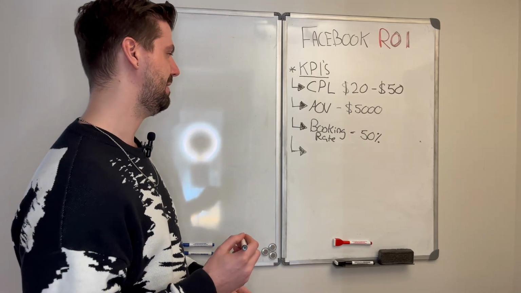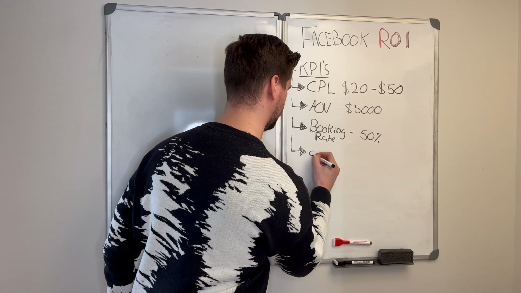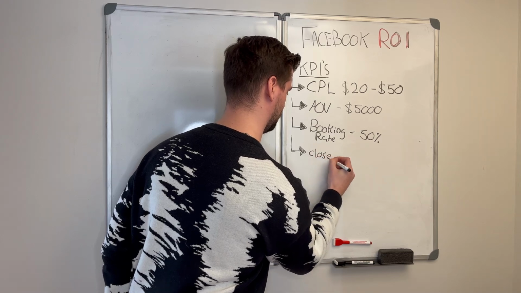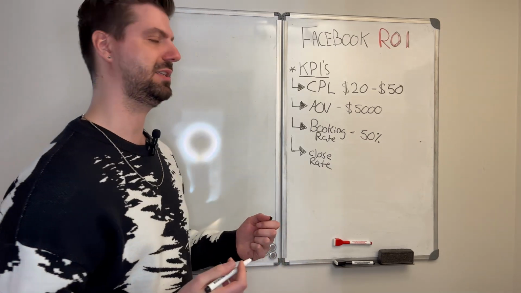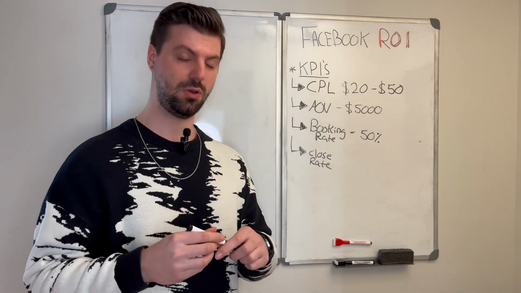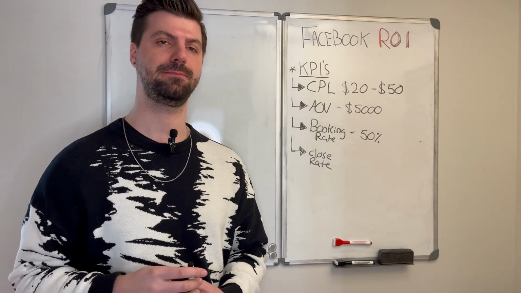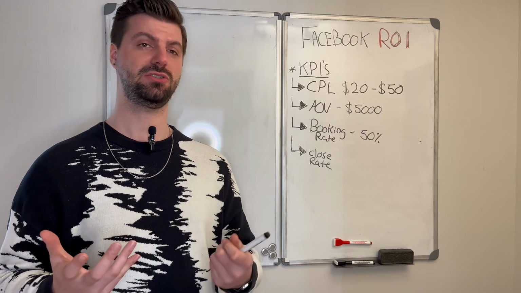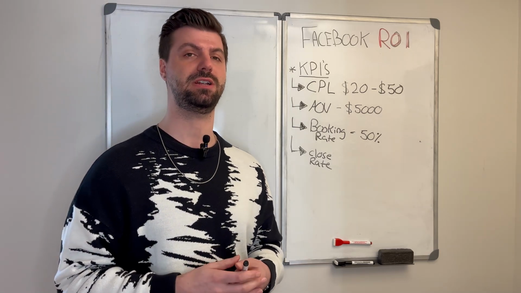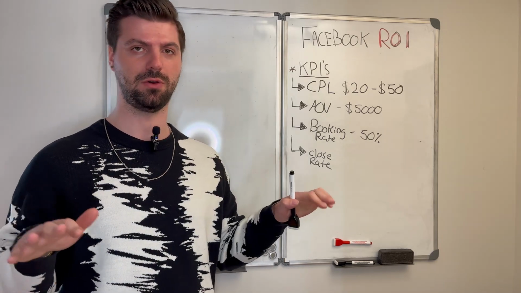And then the last KPI here that I almost forgot about, which is the most important, is going to be your close rate. So your close rate. Obviously, the whole point of doing this is to be able to actually get an ROI, right? And this is another one where, if you're used to just referrals, a lot of landscapers think that your close rate is probably a lot higher than it will be with advertising, and that's perfectly normal.